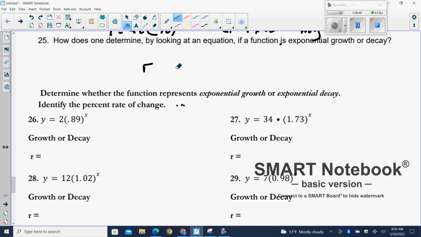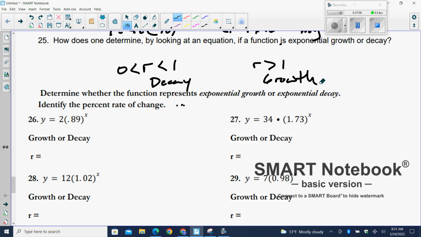So r can be less than 1, but greater than 0. If r is negative, it does a weird thing. It bounces back and forth across the x-axis, and technically it's really not an exponential equation. It's not a continuous function, so it can't be anyways. If r is greater than 1, it is growth. This is decay. This is growth.